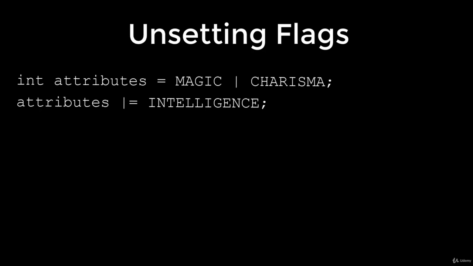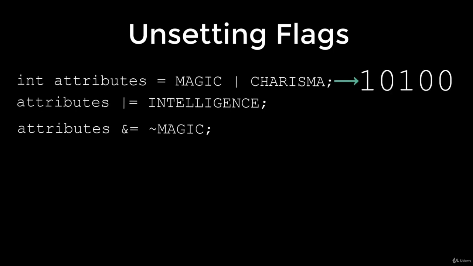To unset a flag, the bitwise AND in combination with a NOT can be used. To take magic away from our character, it's a matter of performing a bitwise AND between attributes and the NOT of magic. Let's take a look at this in action. So the initial setting of the attributes for magic and charisma give us 10100.